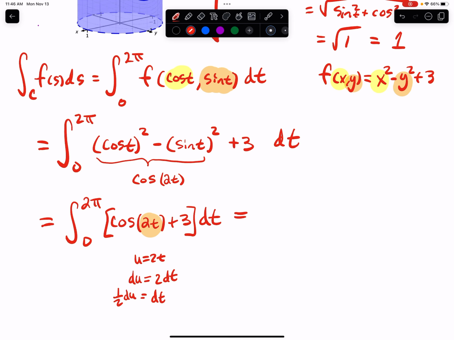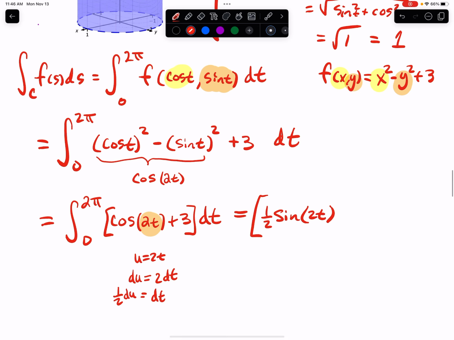So I'm just going to do it. The integral of cosine of stuff is the sine of that stuff. But instead of multiplying by 2, as when I take the chain rule, I divide by 2 because it's an integral. Okay? And then the integral of 3 is 3t. Now evaluate from 0 to 2 pi.